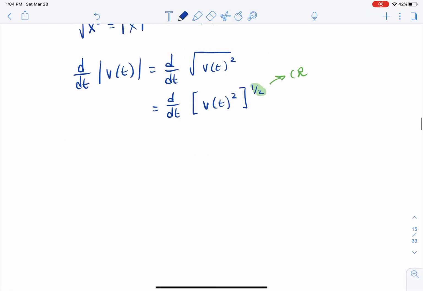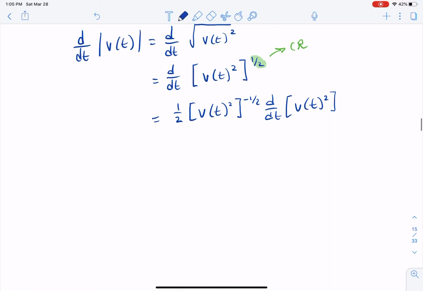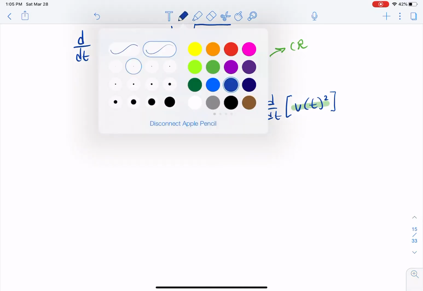Okay. So on the first step, I'm going to leapfrog the 1/2 down, and then it should be times this velocity function squared to the -1/2 power times the derivative with respect to t of the stuff that's on the inside, which is that v of t squared. Okay, so I still need to do that second part, the chain rule part, but in order to do the derivative of that interior, it's again another chain rule.